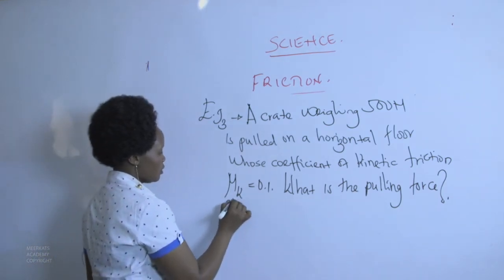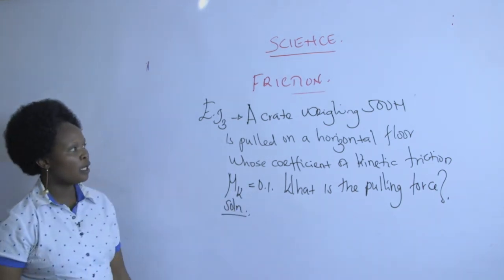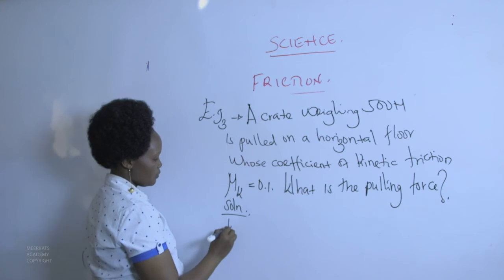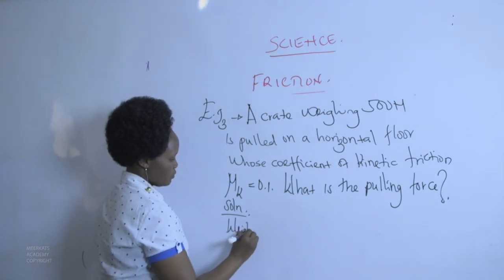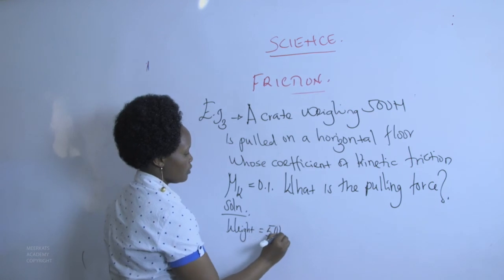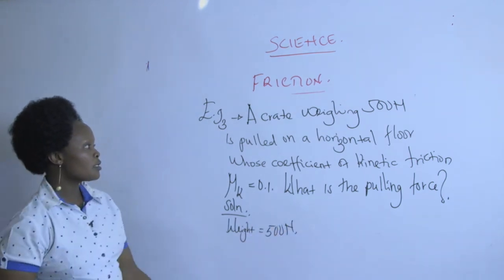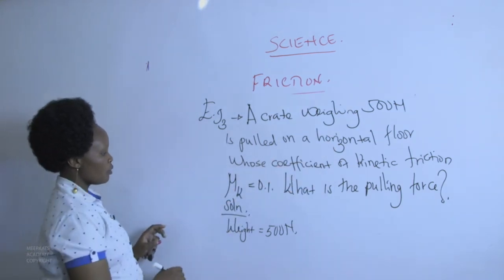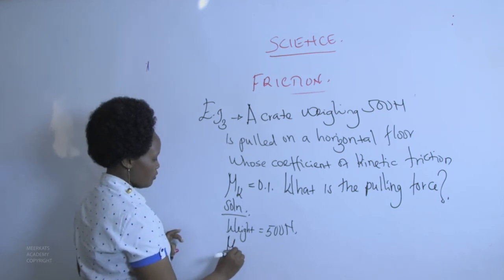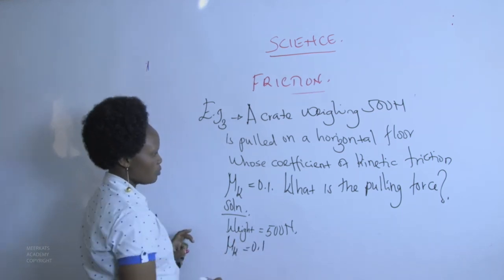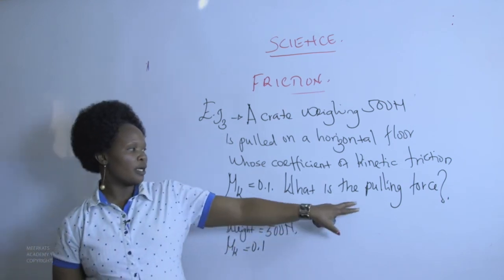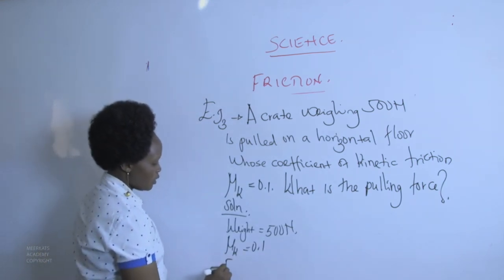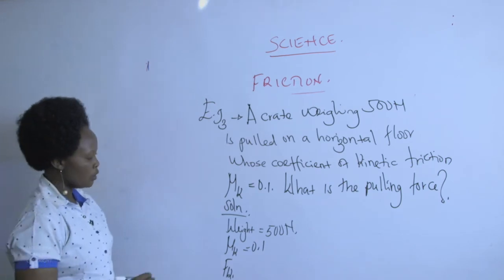Now, let us look at that question. A crate weighing 500 newtons, so the weight is 500 newtons, is pulled on a horizontal floor whose coefficient of kinetic friction is 0.1. Again, we are given the coefficient as 0.1. Then we are required to get the pulling force, which is now our kinetic friction.